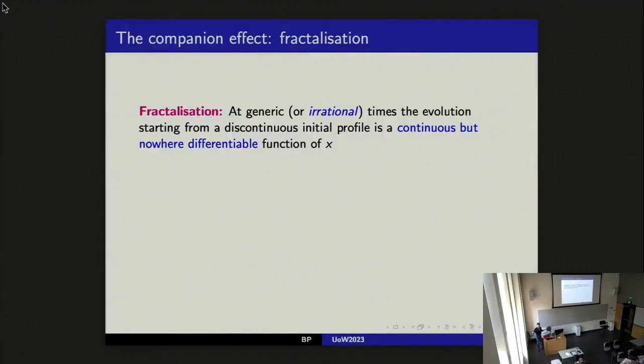So it regularizes that discontinuity, but it becomes nowhere differentiable, very oscillatory, and in fact, it has high fractal dimension. So there is a real dichotomy in behavior at different times.